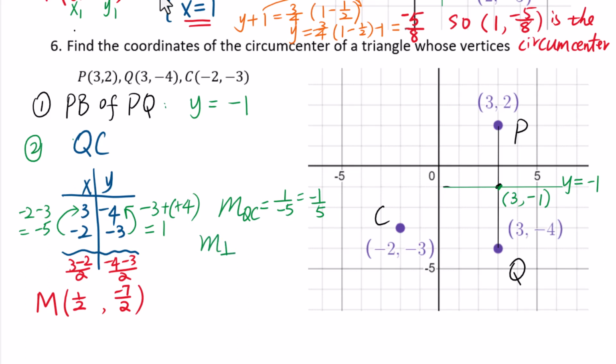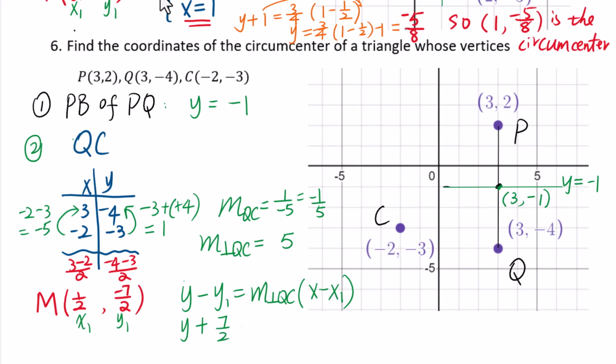The slope of the perpendicular bisector of QC, the opposite reciprocal of -1 over 5, is 5. x1, y1. y minus y1 equals slope of the perpendicular bisector of QC times x minus x1. y minus negative 7 over 2 is y plus 7 over 2 equals 5 times x minus 1/2.